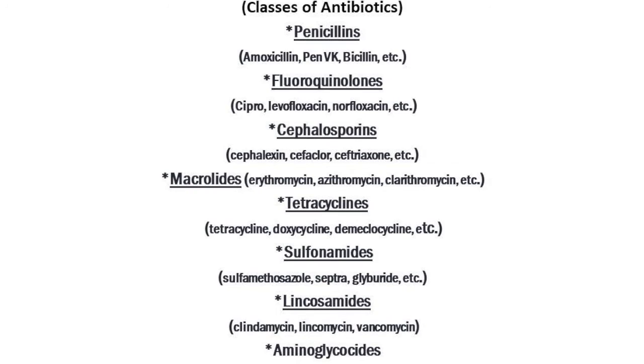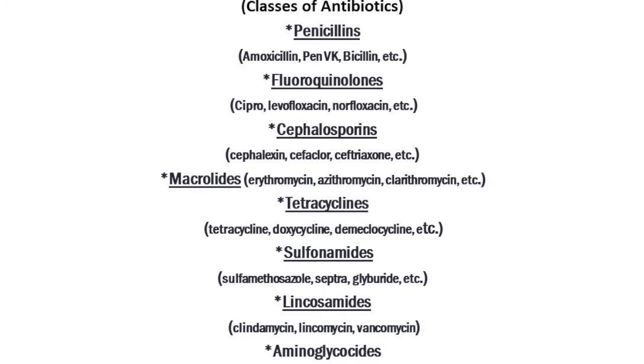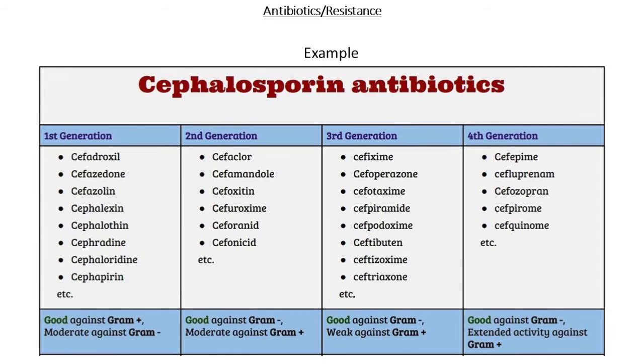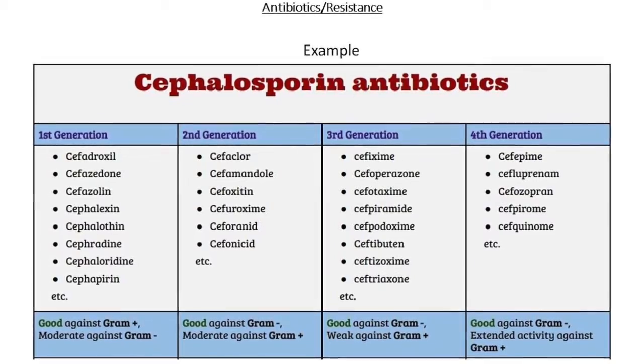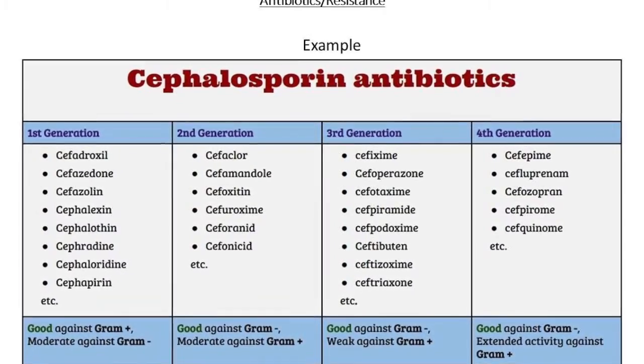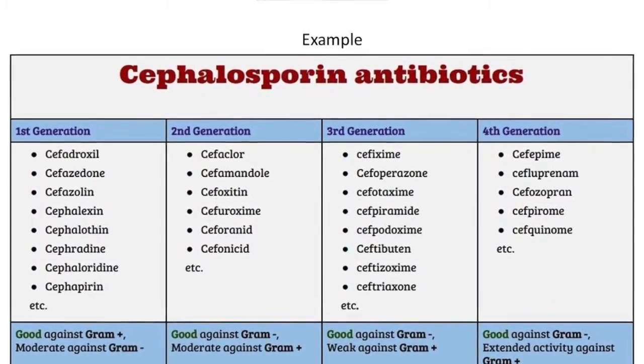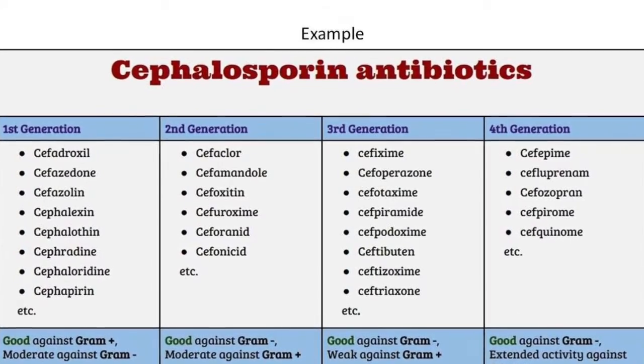Aminoglycosides, gentamicin, these are injectables by IV that are used in serious infections. I just want to impress on you the current classes of antibiotics. Currently there are hundreds of antibiotics, but apparently not enough to treat the upcoming problems.